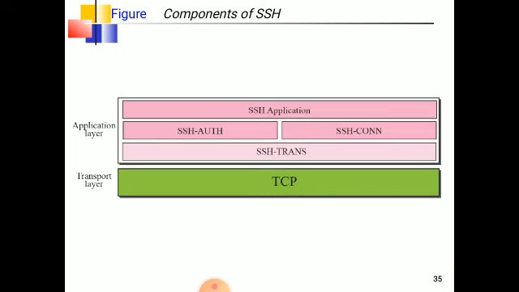So to provide security at the transport layer, the SSH protocol is used. Along with TCP, if we use SSH, it will be more secure. SSH is used at the transport layer, and at the same time at the application layer also, because at the application layer the process of authentication takes place. So in the application layer protocol too, it uses the SSH protocols.